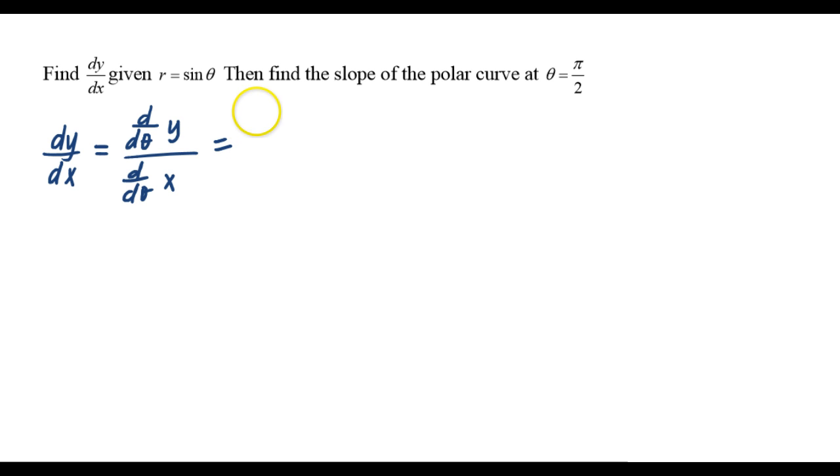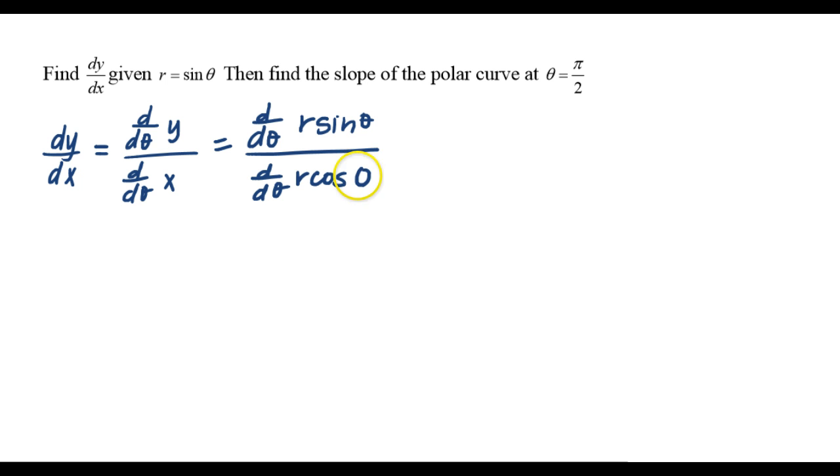My y value is r sine theta, and on the bottom my x value is r cosine theta. But r isn't a variable, r is the function sine theta.